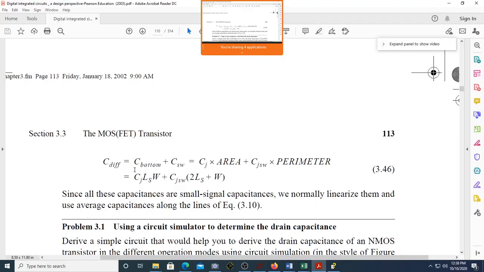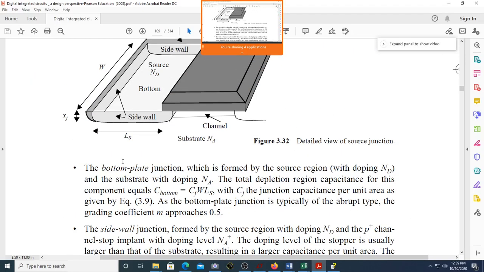That diffusion capacitance, I'm writing it as bottom and side wall. What is this bottom and side wall? See here, if this is bottom, suppose, shall I say this white is P minus, correct? Shall I say at the bottom you have the P minus and you have the bottom portion of your diffusion, will it be N plus?